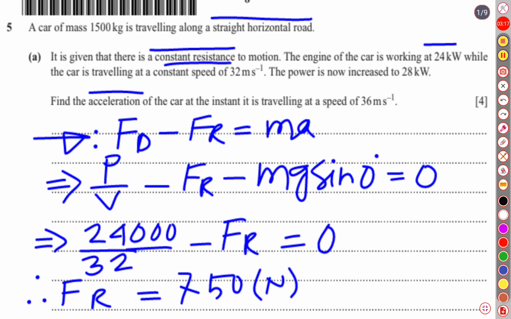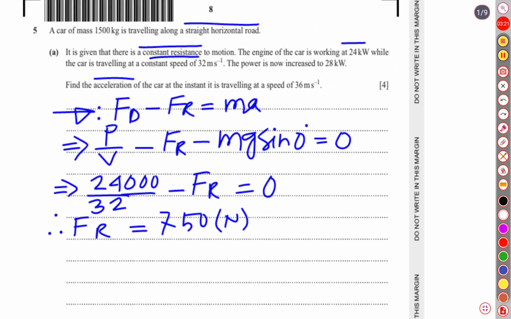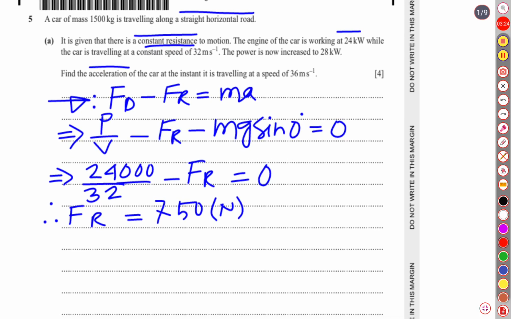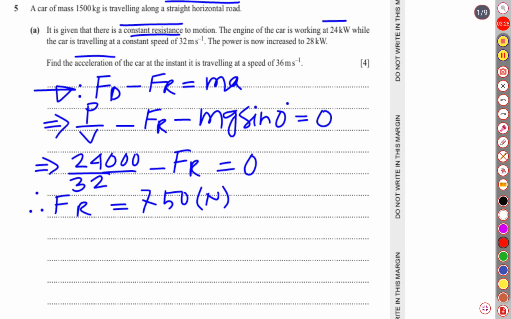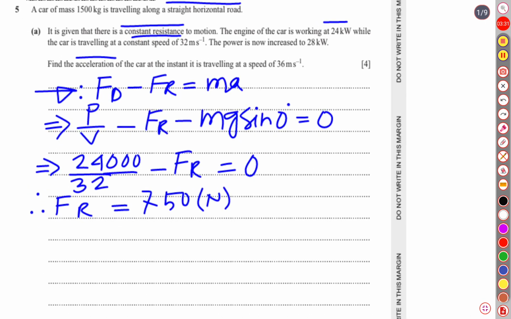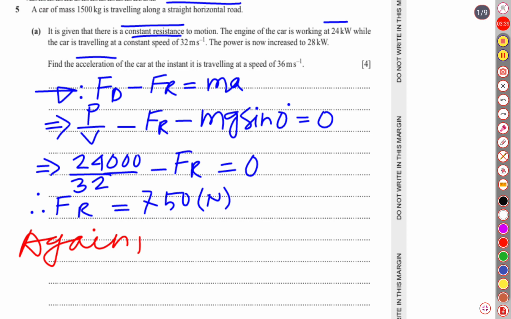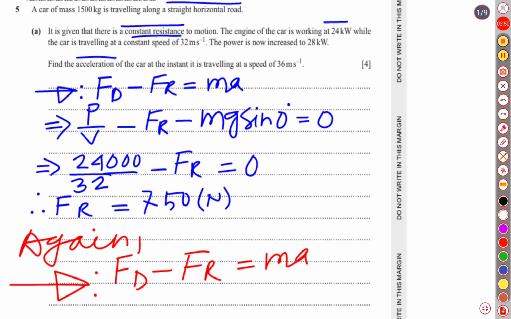Now we are going to find acceleration. Let us write the same concept again, and it is moving horizontally forward. Driving force minus resistance to motion is equal to mass into acceleration.